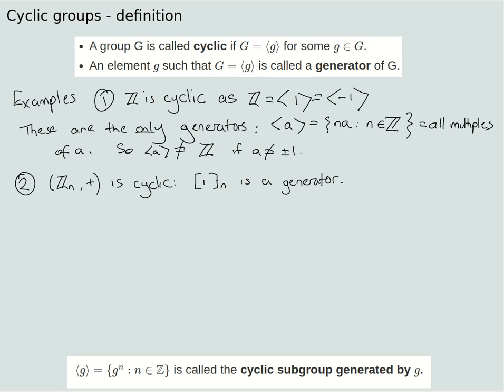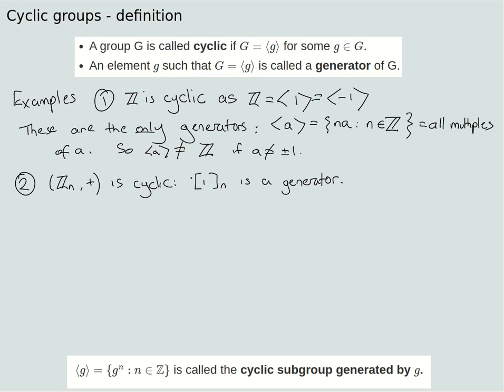And you can get the class of i by adding 1 to itself i times. So the cyclic subgroup generated by 1 really is the whole of Zn, and that means Zn is cyclic and 1 is a generator. And there may be other generators as well.